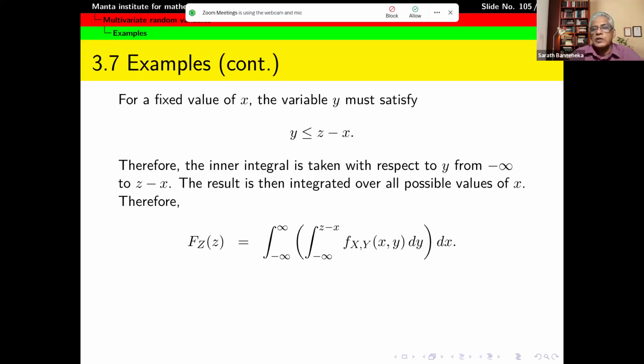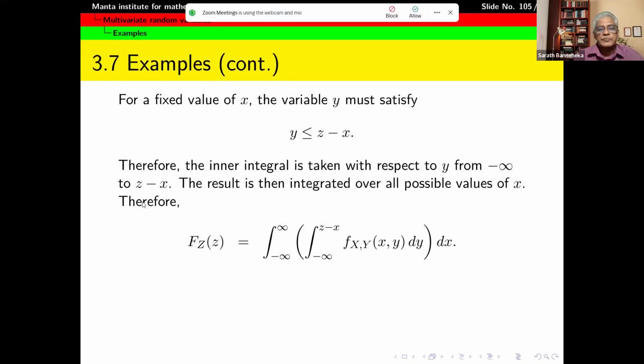In order to integrate, we can do it two ways. What I usually do is fix a given x value and then look at the stripe, find out the probability over that stripe, and then move x to cover the whole set A.